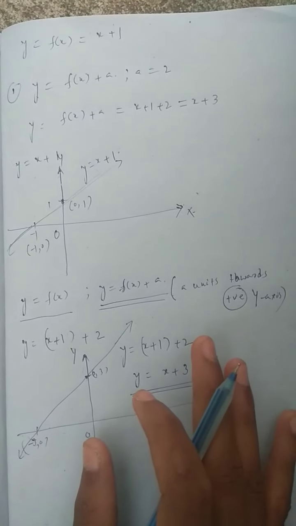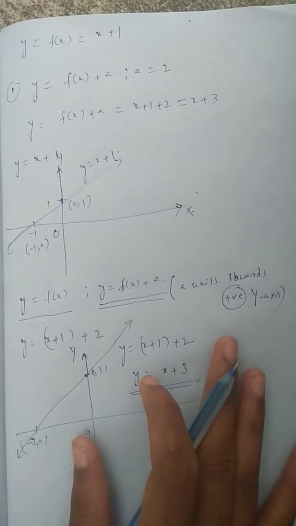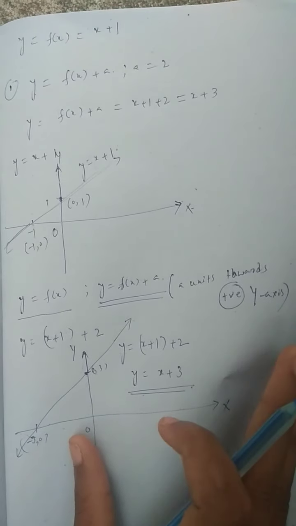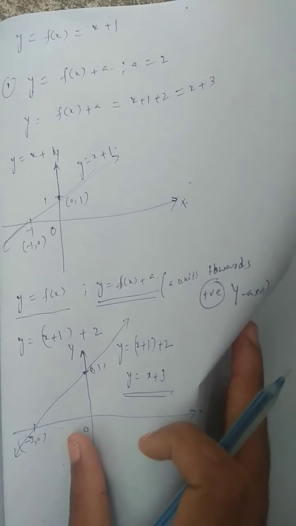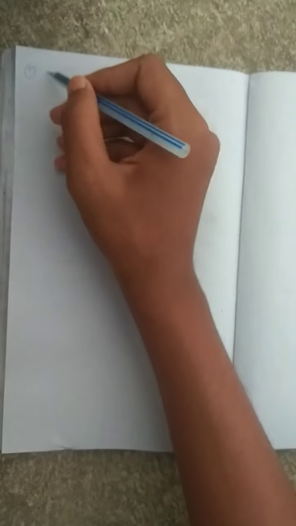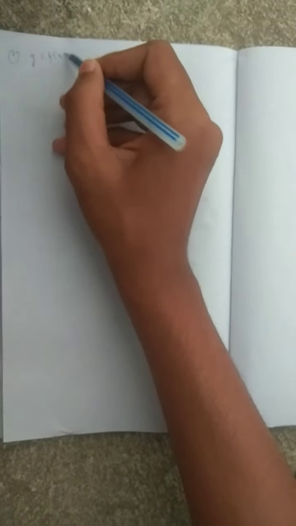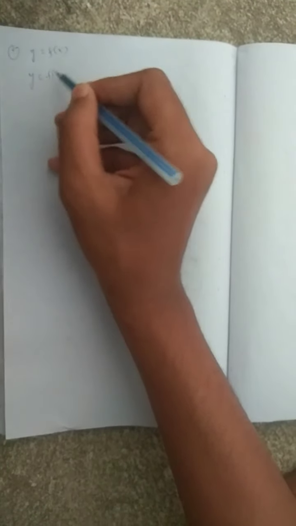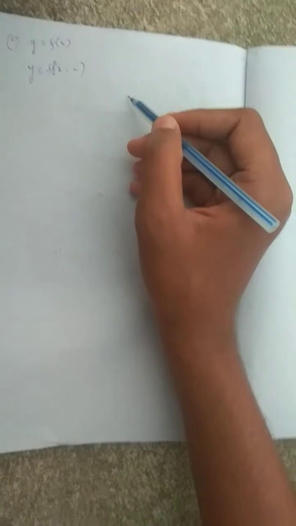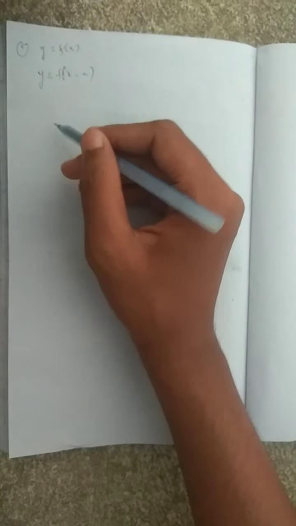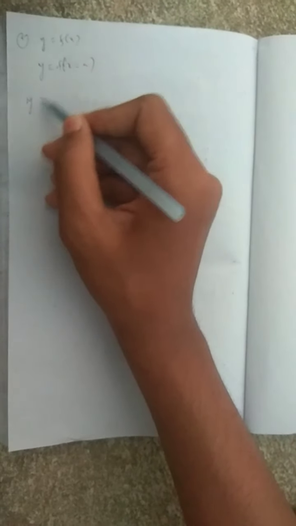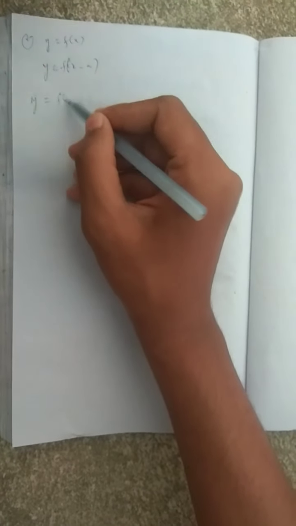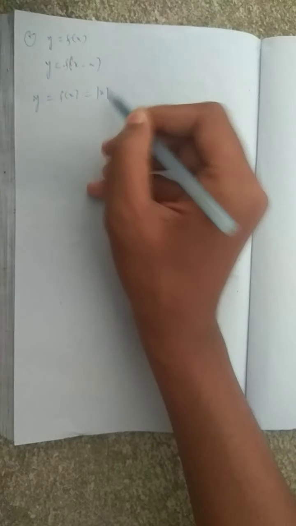Now let us go to the second one, that is y equal to f of x minus a. Let us see how to transform by knowing y equal to f of x to y equal to f of x minus a. Let us consider an example like y equal to f of x equal to modulus of x.